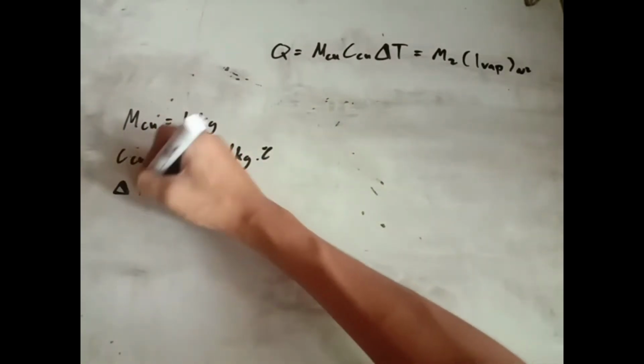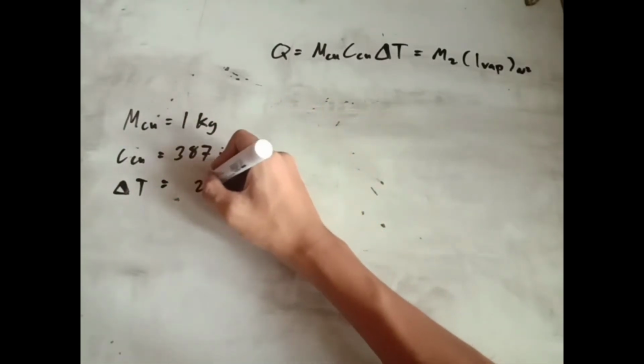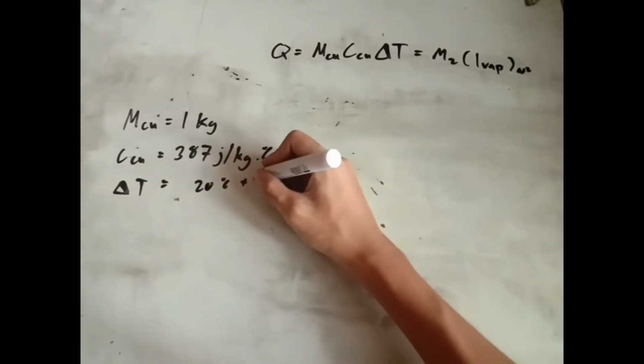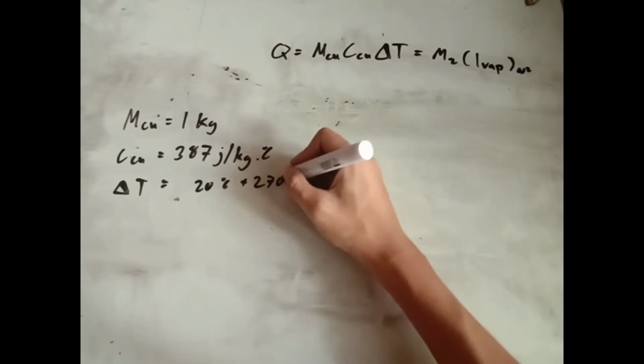For the temperature change, we first convert 20 degrees Celsius to Kelvin, so we have 293.15 Kelvin and 77.3 Kelvin.